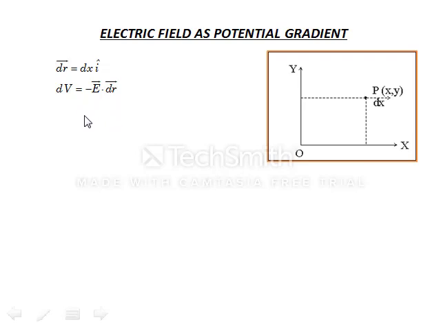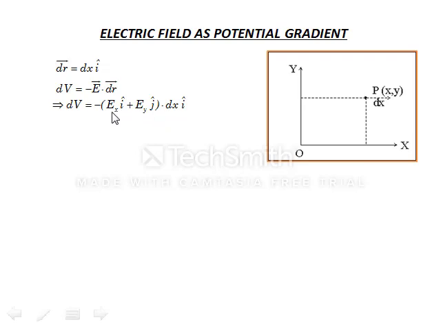Now let this electric field E be expressed in its Cartesian form as Ex i cap plus Ey j cap. Forget about the z component right now. Ex and Ey are the x and y components of the field. And this dr is simply dx i cap. So we'll just substitute it.